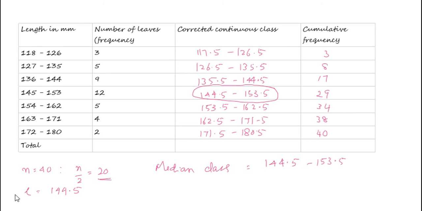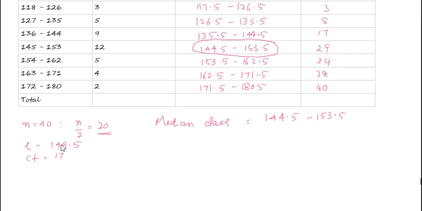Then CF is the cumulative frequency of the preceding class, that is 17. Then F, frequency of the median class, that is 12. Then H is equal to class width. So class width is 9.